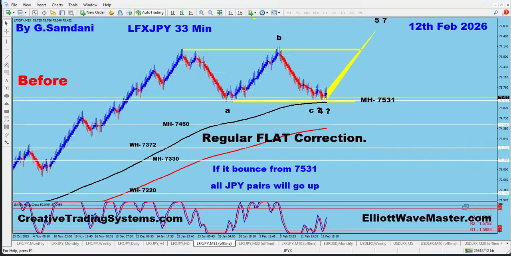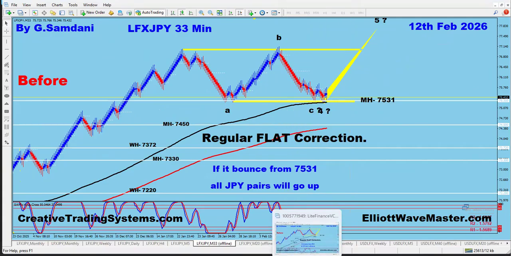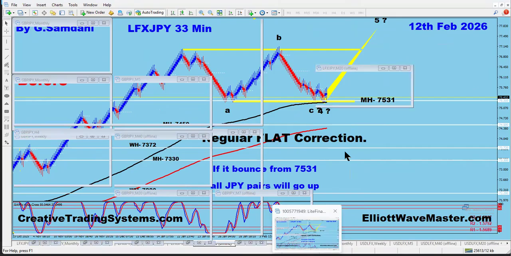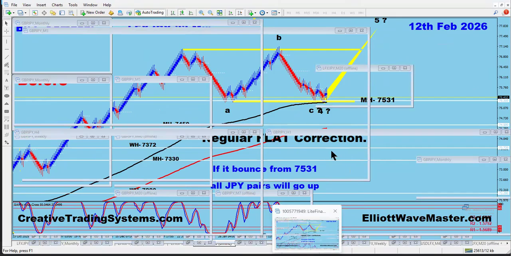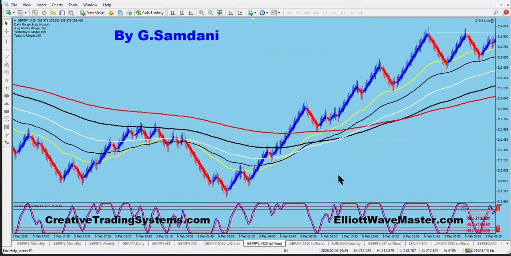For example, this is index. Let me open something, for example, GJ, right? I'm going to open a GJ chart, pound yen, and I'll show you how my CTS robot is also made. See, this is a 20-minute chart. For example, if this is the entry, let's say, right?